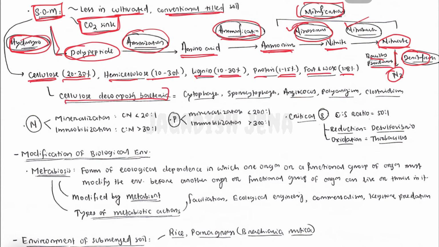Some cellulose decomposing bacteria you can find in soil are Cytophaga, Sporocytophaga, Polyangium, and Clostridium.